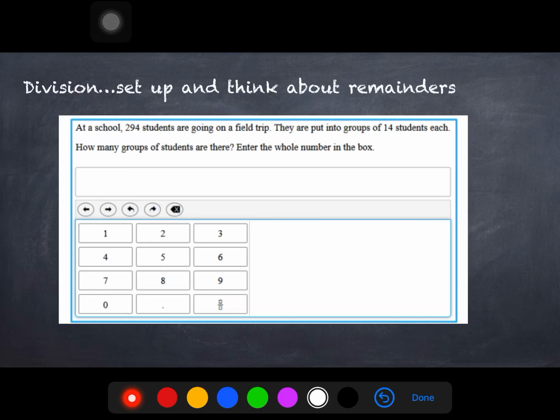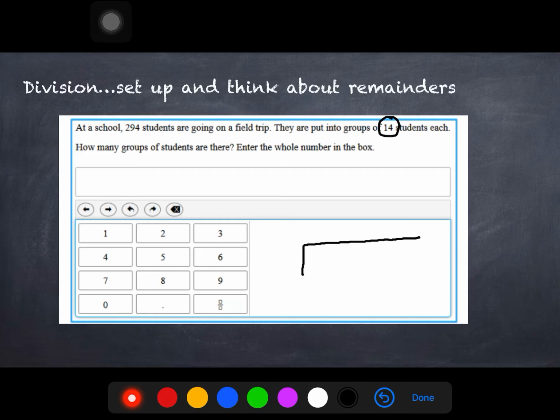For division, you're going to set up the problem, and I need you to think about the remainders that you might have if the problem calls for it. This one does not. It says, at a school, 294 students are going on a field trip. They are put into groups of 14 each. How many students are there?